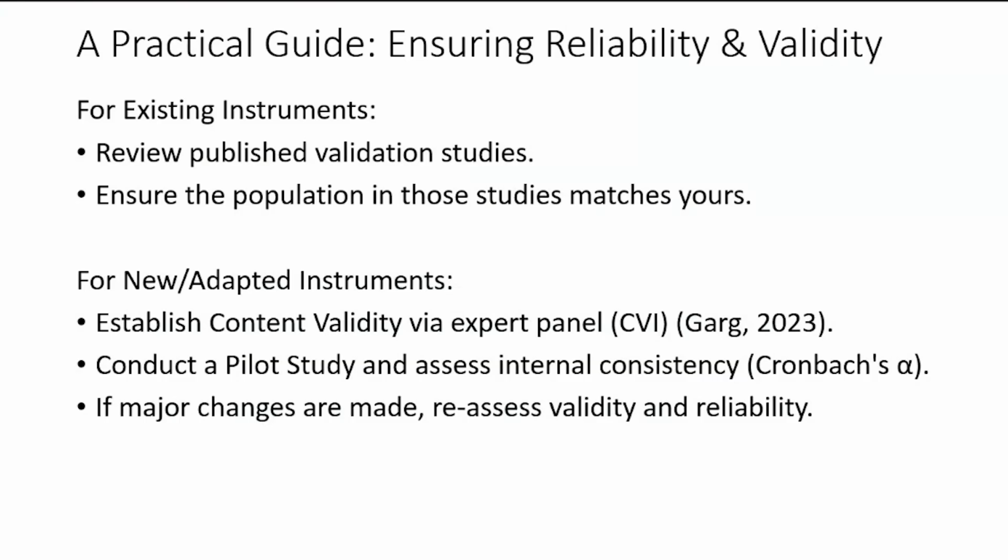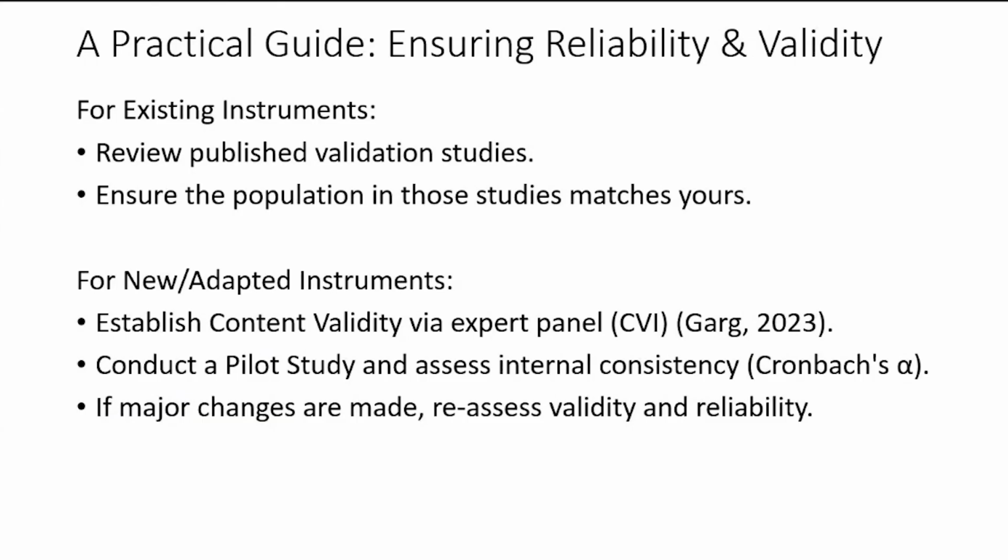And when you adapt an instrument, the psychometric property of that instrument will no longer be valid. So you have to rerun the reliability and validity to ensure that you have a value that is within the accepted range. So for new and adapted instruments, you establish the content validity via expert panel, which we have discussed earlier. That is the CVI.